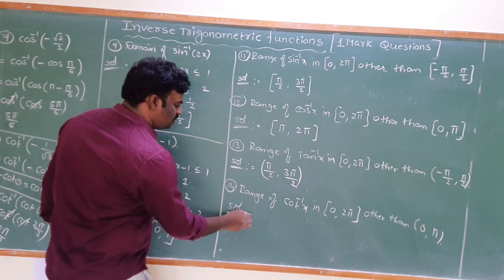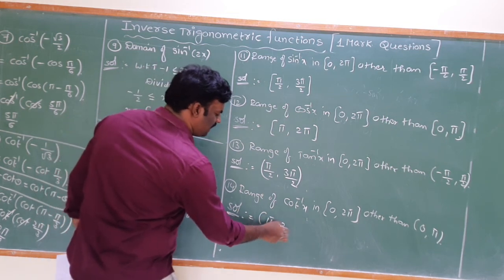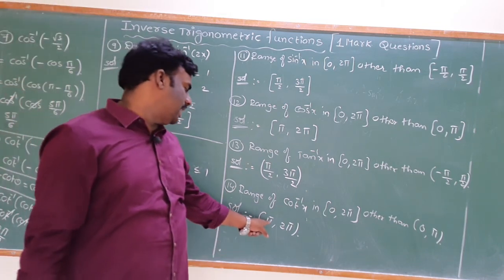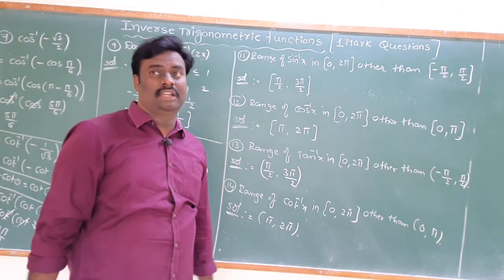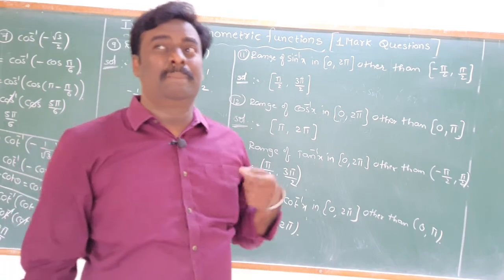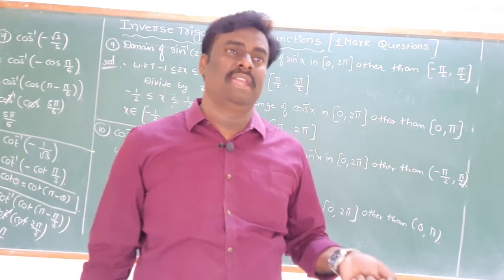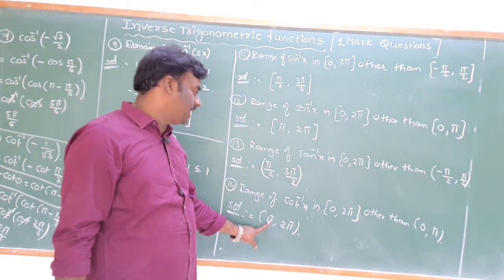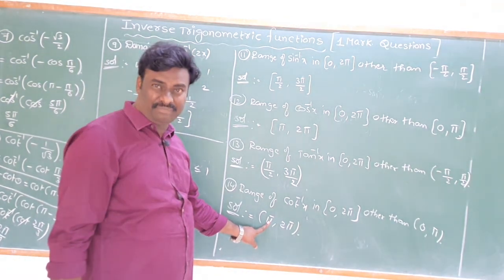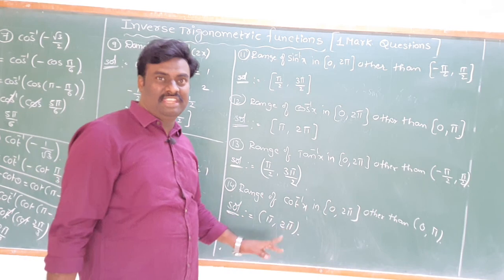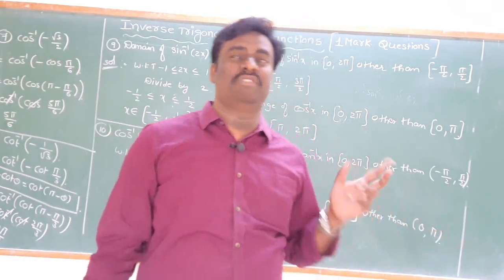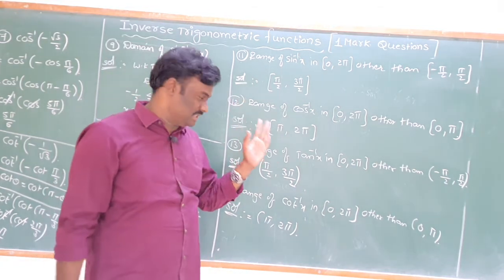I am taking pi comma 2 pi, because if you take pi comma 2 pi, you will get minus infinity to plus infinity. Pi is 180, cot 180 is minus infinity; 2 pi is 360, cot 360 is infinity. Therefore, minus infinity to infinity is nothing but the real numbers, that is matched.